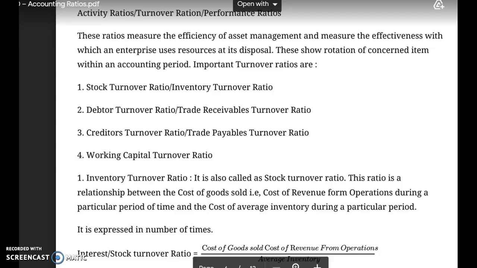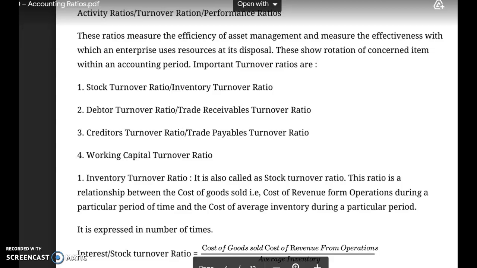Dear students, now we will discuss the third category of ratios, that is known as the activity or turnover ratios. These ratios are also known as the performance ratios. These ratios are calculated in order to measure the efficiency of the organization, whether the organization management is in position to use its resources in a most efficient way.